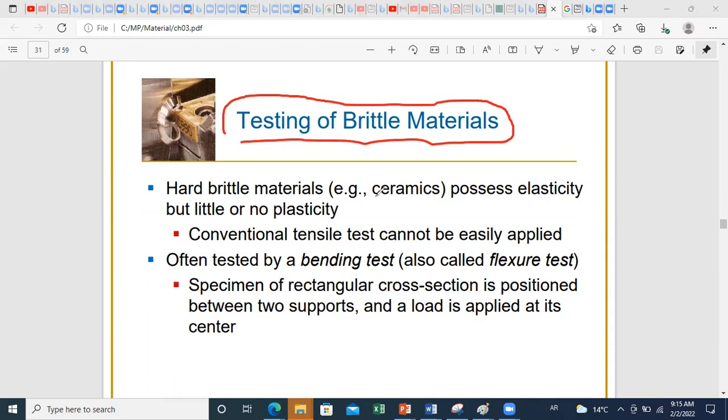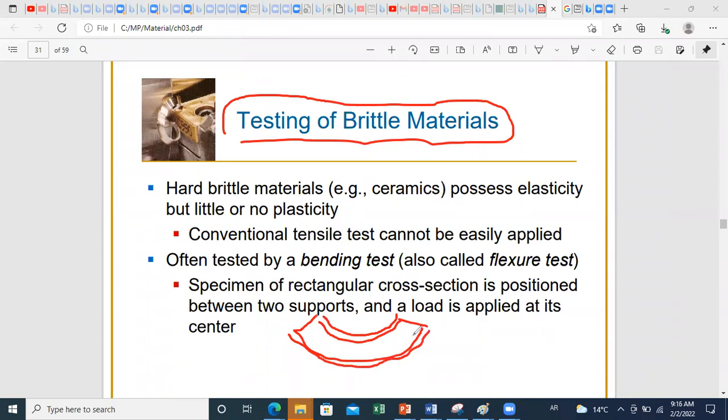For hard brittle materials which possess elasticity but little or no plasticity, the conventional tensile test cannot be easily applied. We replace it in general by a bending test, also called the flexure test. We'll explain how bending can give an idea about tensile properties. You know, as you have seen in statics, that when you do bending of a structure, the upper part will undergo compressive stresses, while the lower part will undergo tensile stresses.